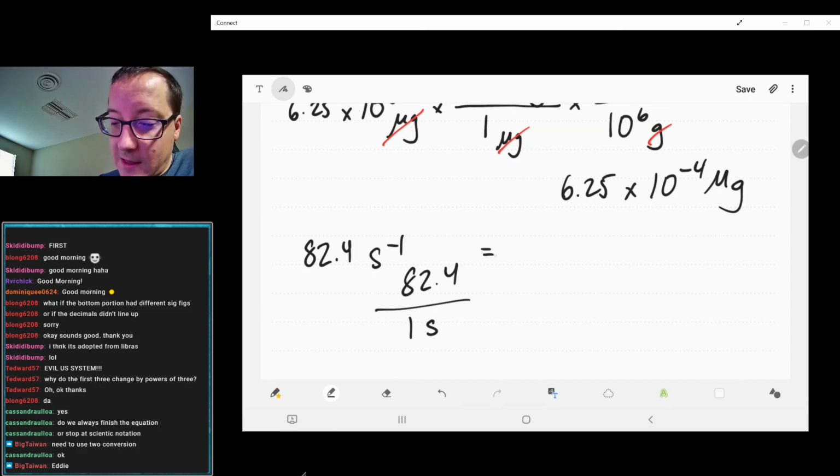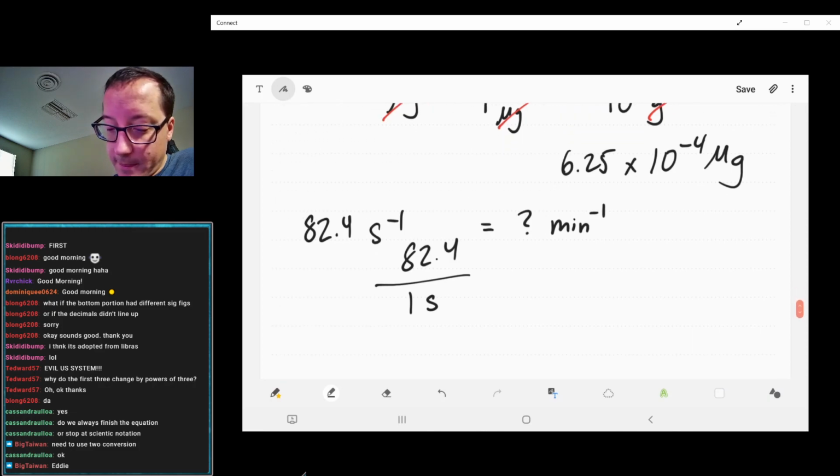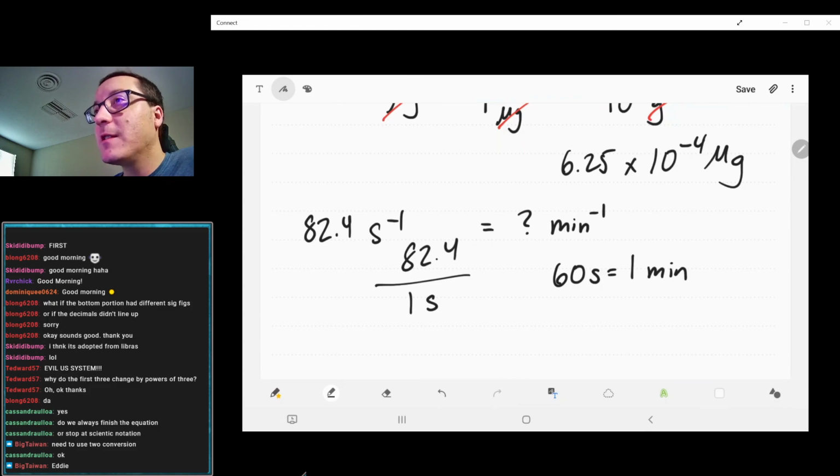Let's see what that is in per minutes. So we're going from whatever this is per second, cycles per second, to cycles per minute. We know, of course, that we have a conversion factor between seconds and minutes.